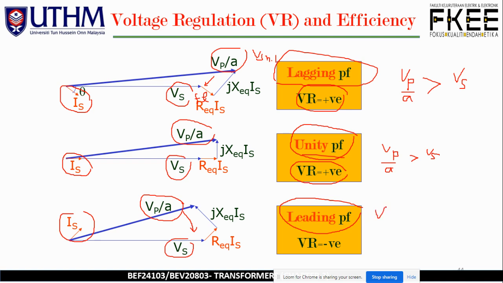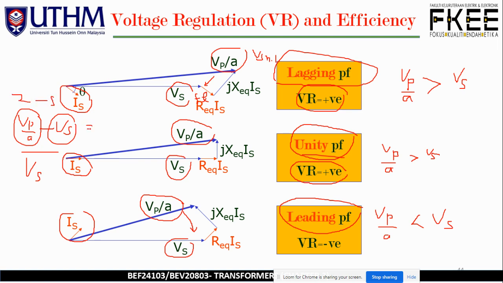So now we have Vp over A, which is smaller than Vs. Smaller than Vs meaning, since we have Vp over A minus Vs over Vs, and this value is smaller than Vs, let's say we have 2 over 5. So it always gives a negative answer, or negative voltage regulation.